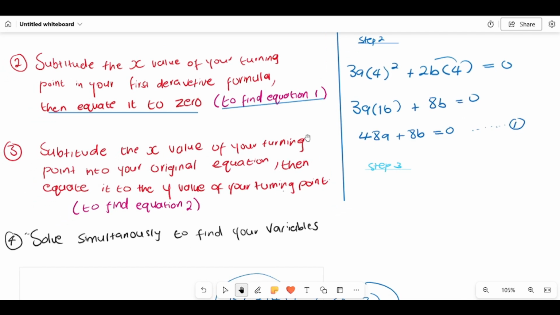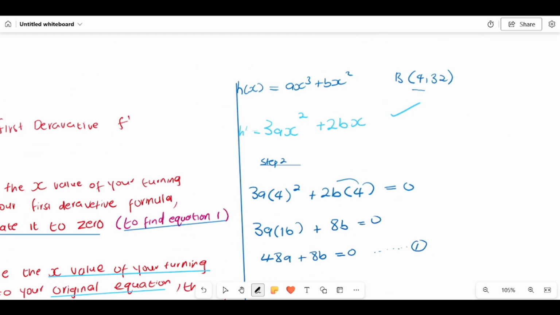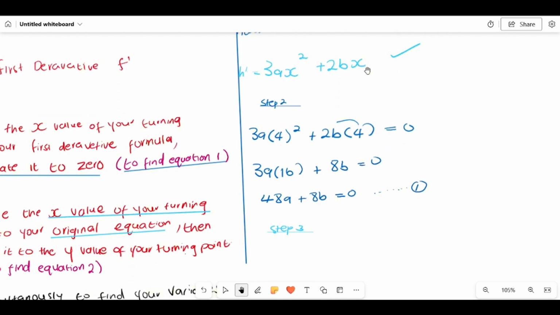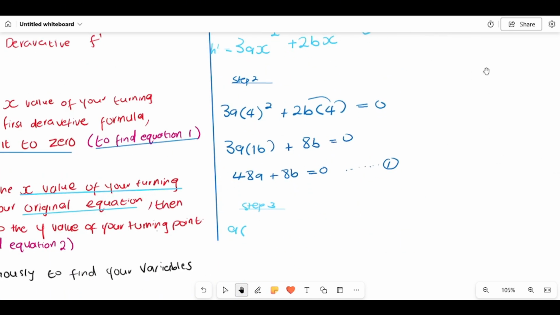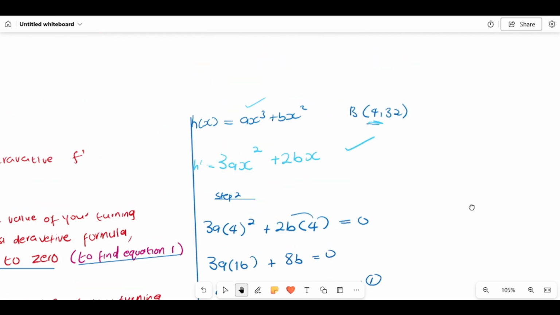Now, step 3, I need to substitute the x value of my turning point in my original equation. All right. So now here is the original equation here. And I need to substitute my x value in this equation. So let me do so. I have a, and my x value of my turning point, as I've mentioned, it's 4. So it's a 4 cubed plus, here we have bx squared.